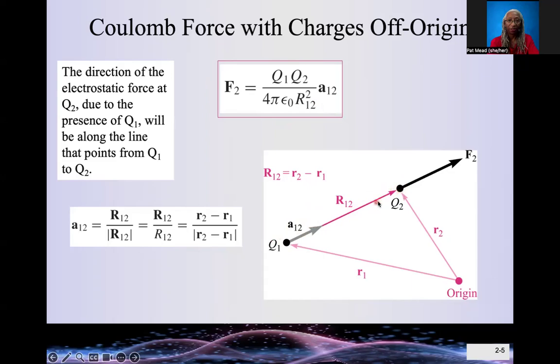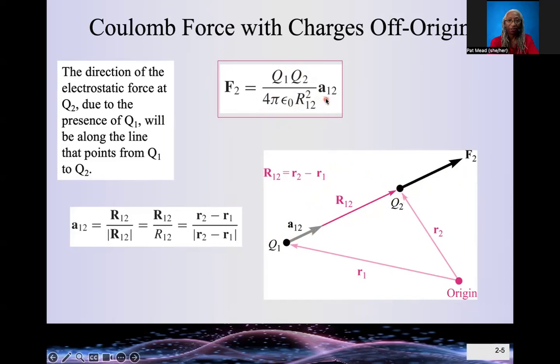So how do you figure out what that vector looks like? Well, you don't want to change the value of the magnitude, so you want to use the unit vector. This unit vector A12 is in a direction from Q1 to Q2, because at Q2 the force is going to be in the same direction. It's going to be directly going away from Q1.